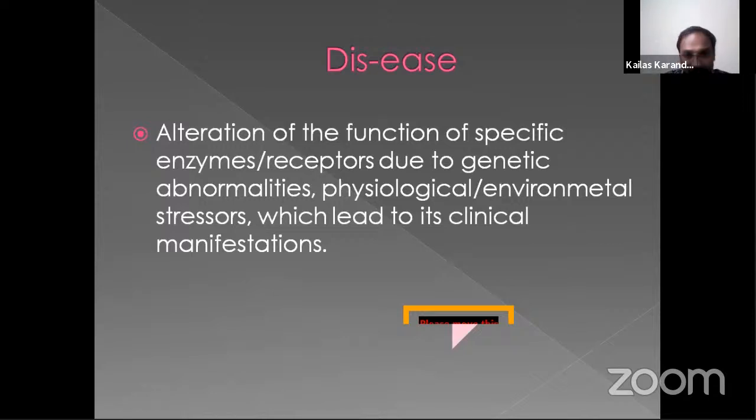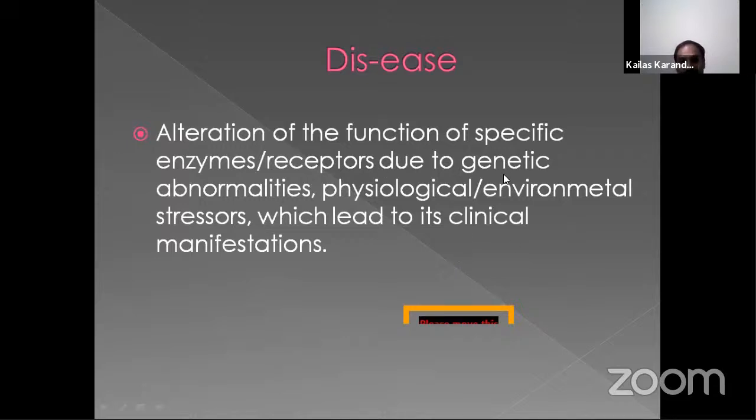Okay, so first of all, why do we lose ease in any kind of disease? The way we are losing the ease leads to the disease. It is only because of the alteration or change in the function of the specific enzyme or receptor which is involved in that particular disease. And what is the reason?